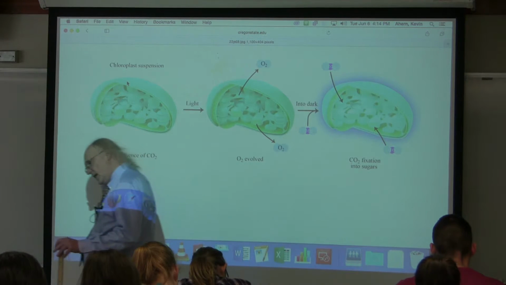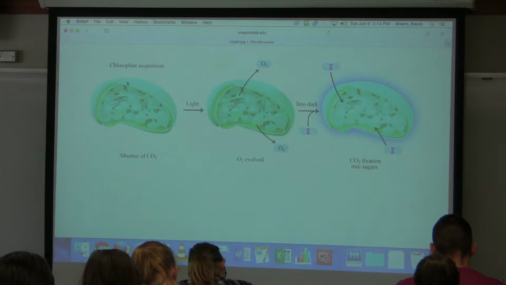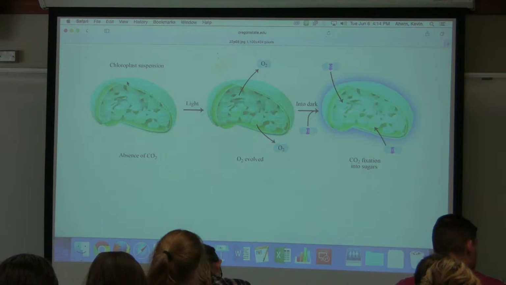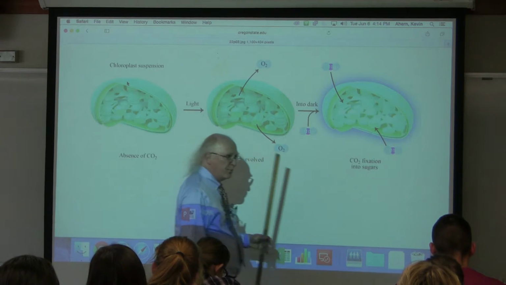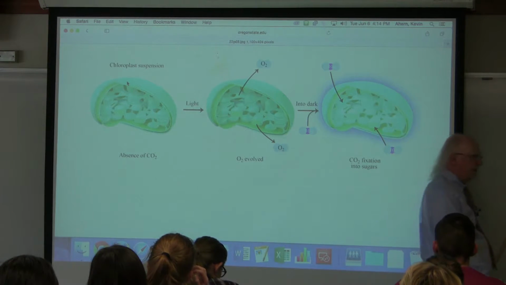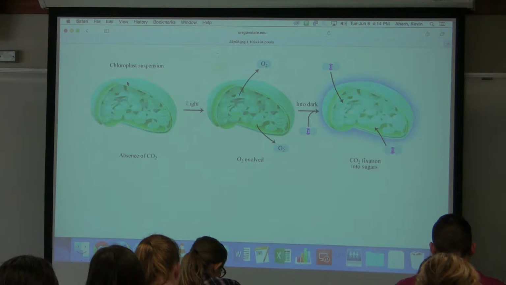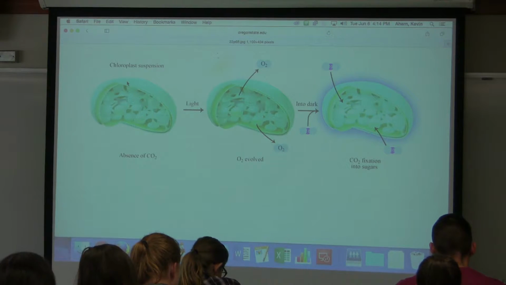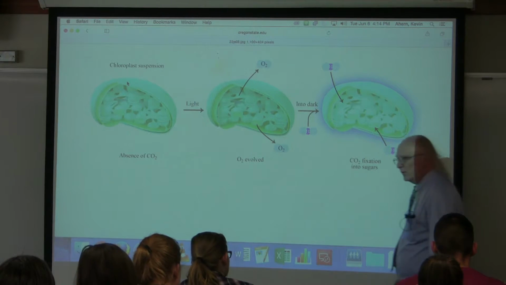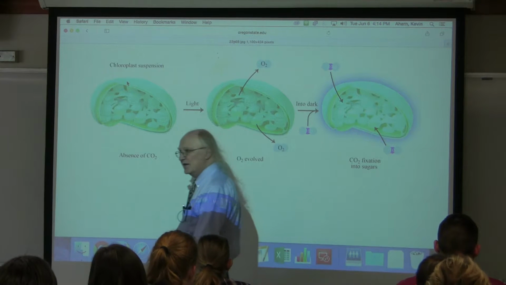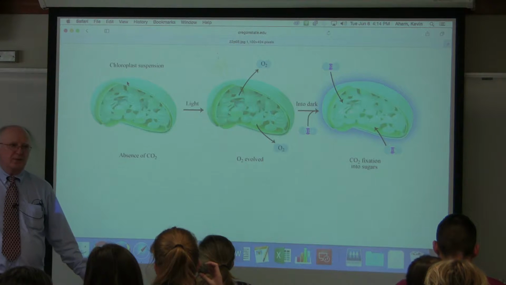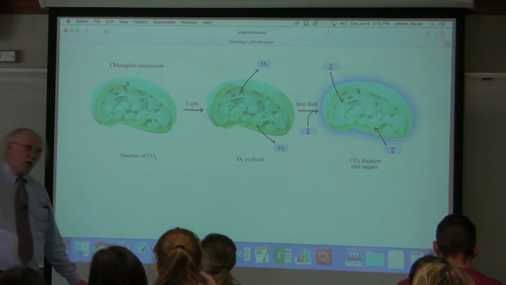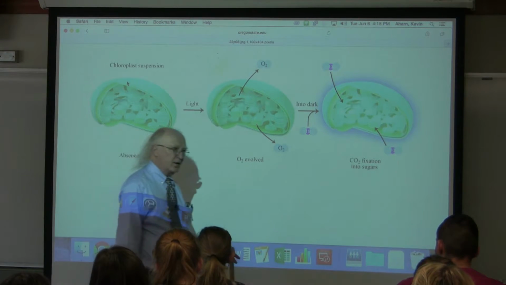All right? In the light phase, something very important happens as one of the first steps in the process. And the very important thing that happens in the light phase is the production of oxygen. We know, for example, that in primitive Earth, before plants and photosynthesis evolved, we know the composition of the Earth's atmosphere. And there was virtually no oxygen in the Earth's atmosphere.